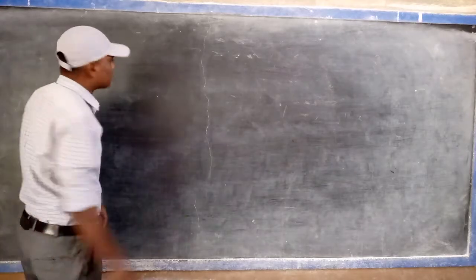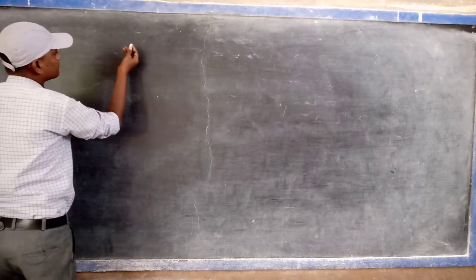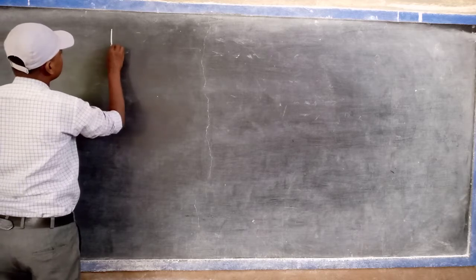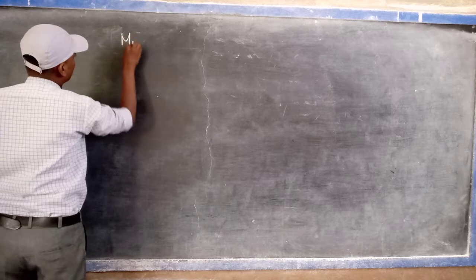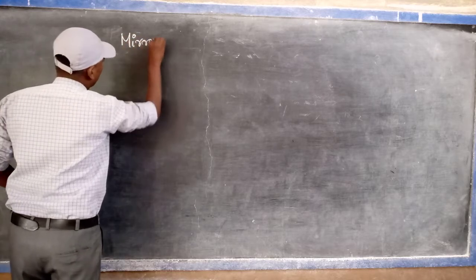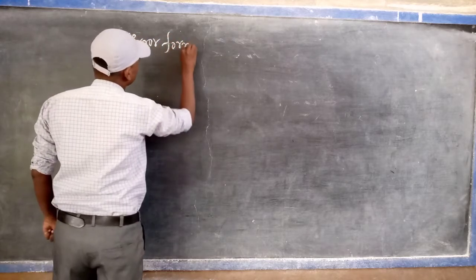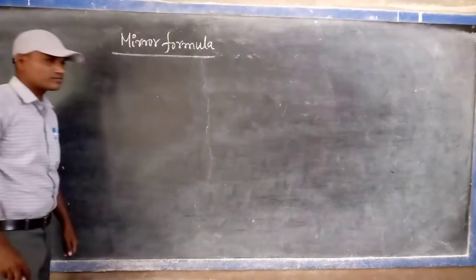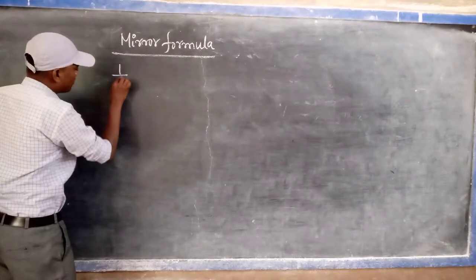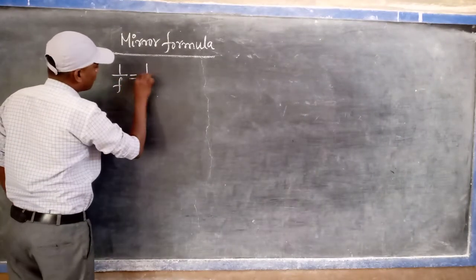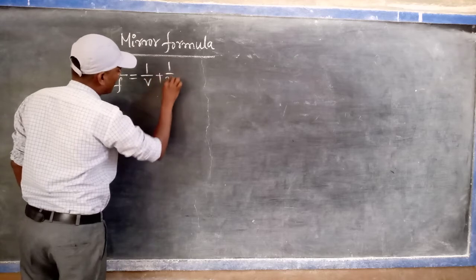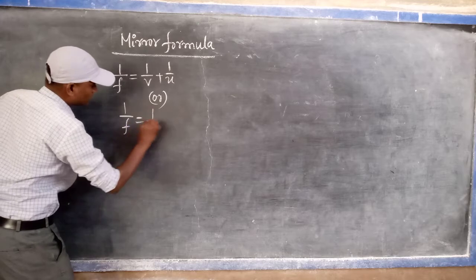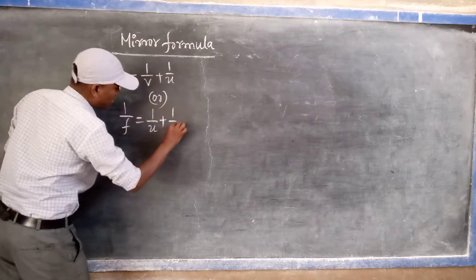Now let me come to our topic, the mirror formula. 1 upon f is equals to 1 upon v plus 1 upon u, or 1 upon f is equals to 1 upon u plus 1 upon v.